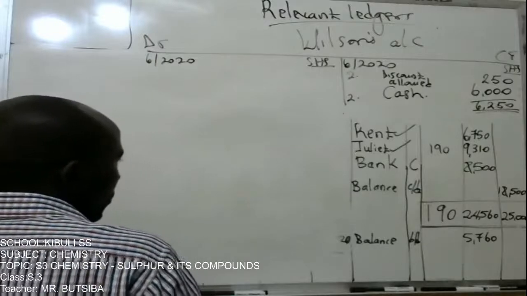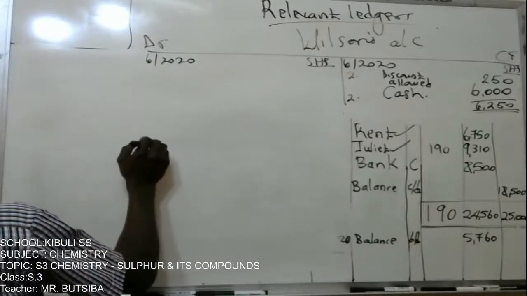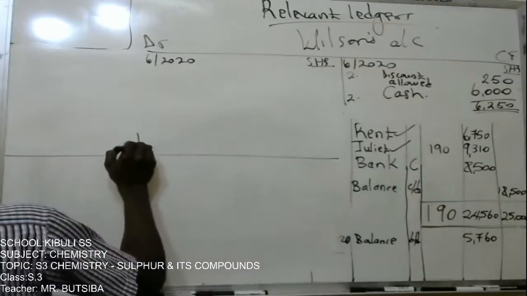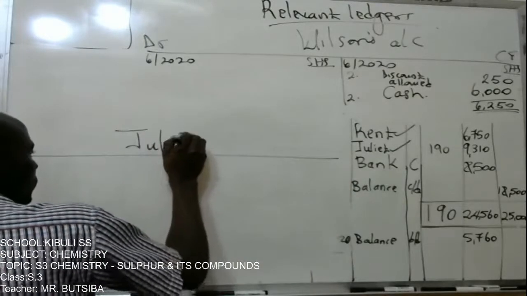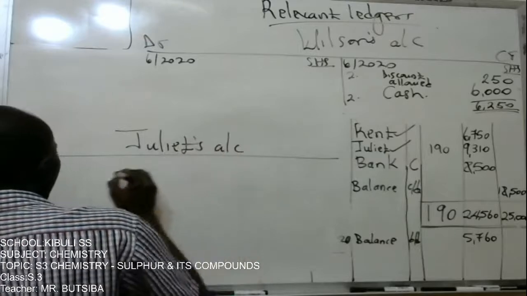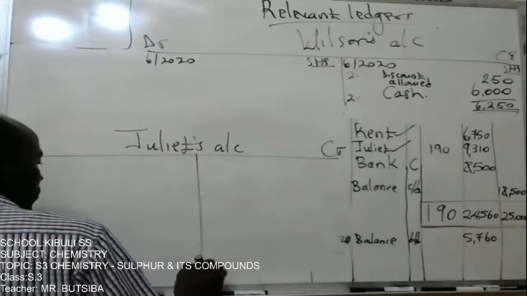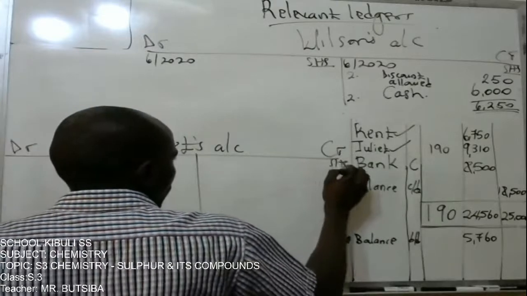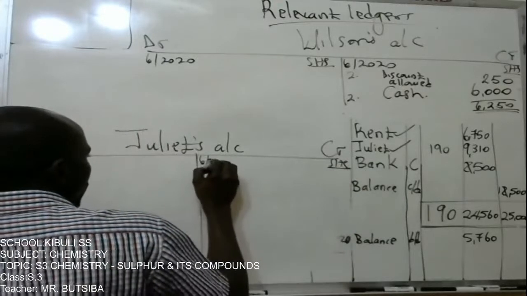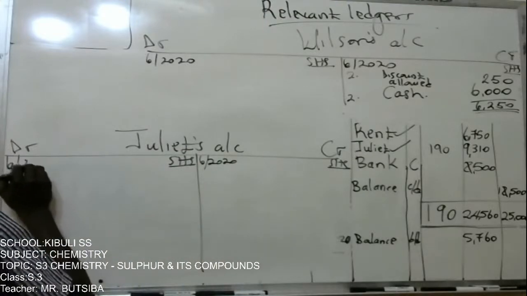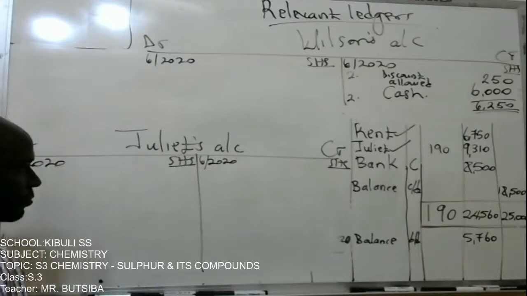So let us open up Juliet's account now. Debit, credit. You have your units, the month and the year.